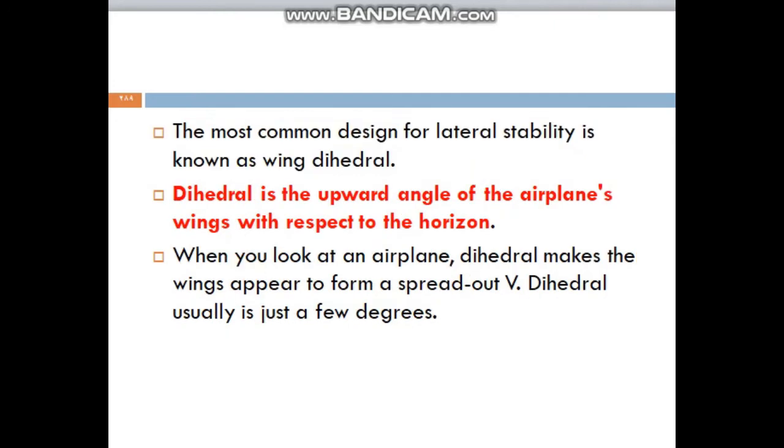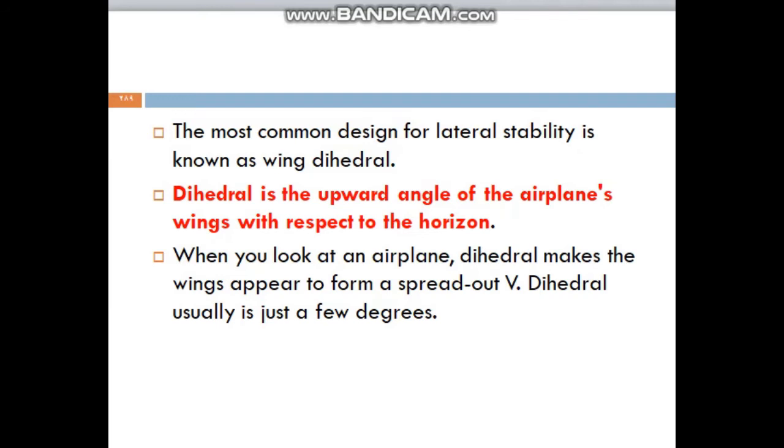The most common design for lateral stability is known as wing dihedral. What's the meaning of wing dihedral? Dihedral is the upward angle of the airplane's wings with respect to the horizon.